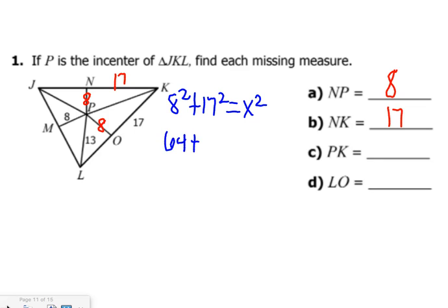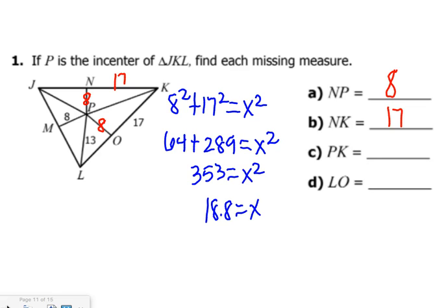Someone help me, what's 17 squared off the top of your head? 289. 289 plus 64 is 353. Square root of 353, 18.8. Thanks, Glenn. It's actually 18.78.